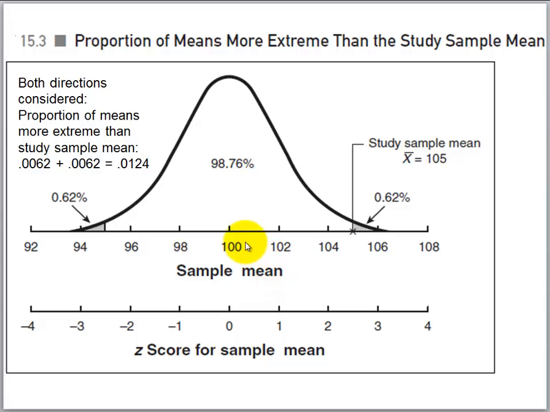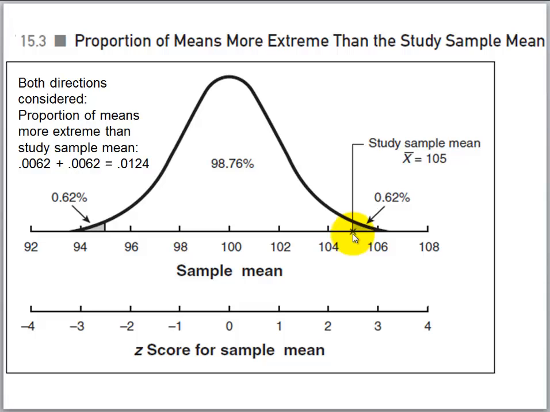For instance, our study sample mean was 105. Let's do some math quickly in our head. The standard deviation of the sampling distribution is 2, so 5 points greater than 100 is 2.5 standard deviations above the mean.